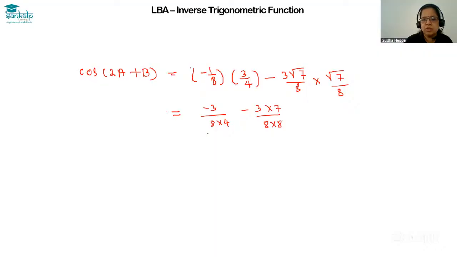Okay. So you can take minus 3 by 4 outside. Inside it is 1 by 8 plus, minus you have taken outside, numerator 7, denominator 4. If you take 2 left out, it is 16.